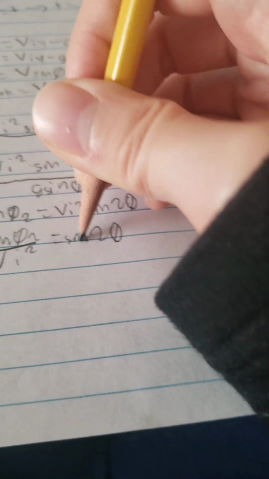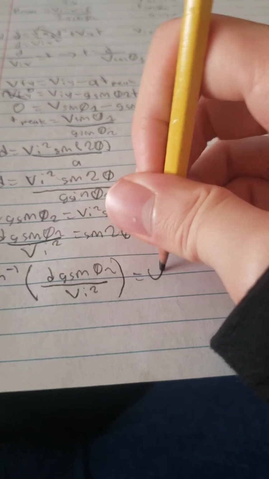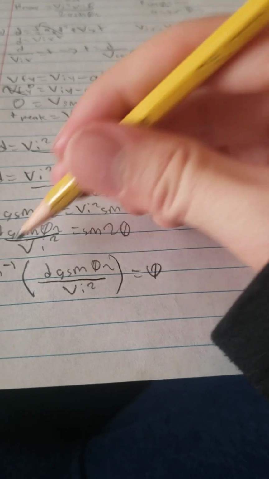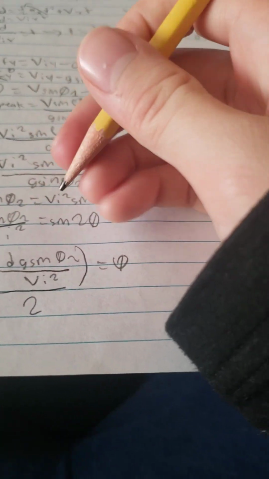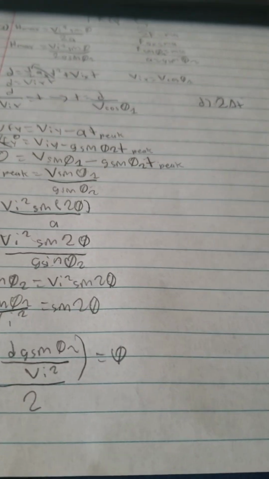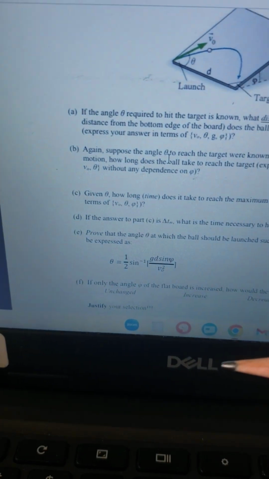And then after that we need to inverse sine. And to get theta alone, there's a 2 right here, so we just need to move the 2 over via dividing, and that will give your answer. For part E, it's the same value that we're just asked to prove, just like that one right there.